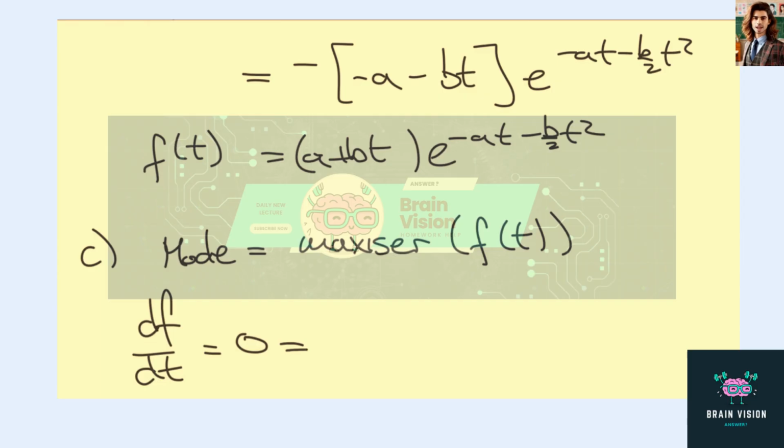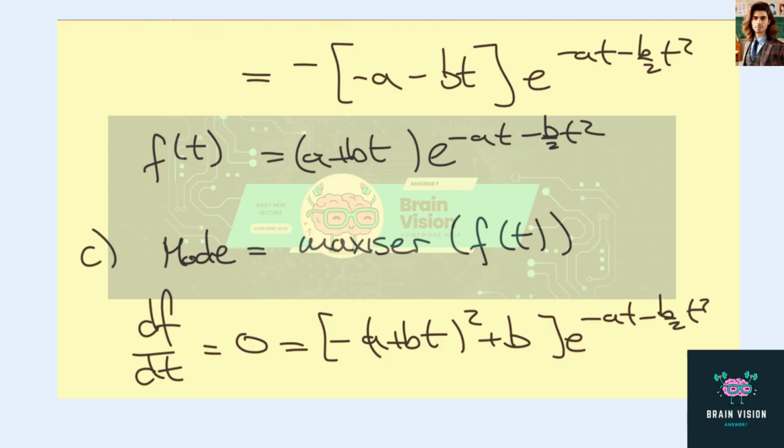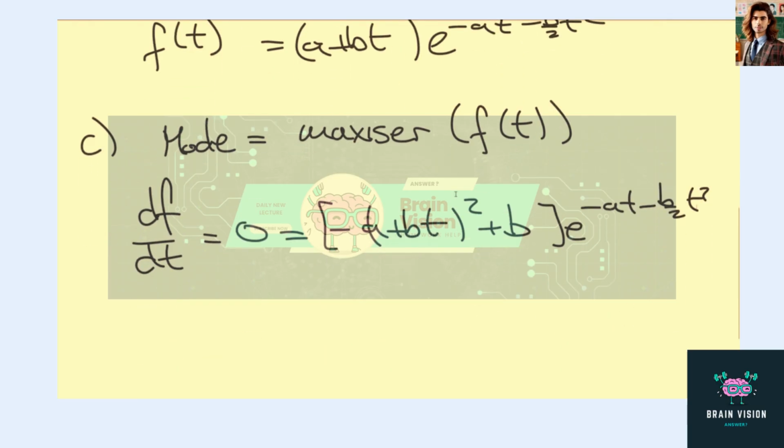And this is going to be b minus a plus bt from up here, so we get minus a plus bt squared, but then we also need to take the derivative of this bit, which is just b, times e to the minus at minus b over 2 t squared. That's going to be equal to 0.